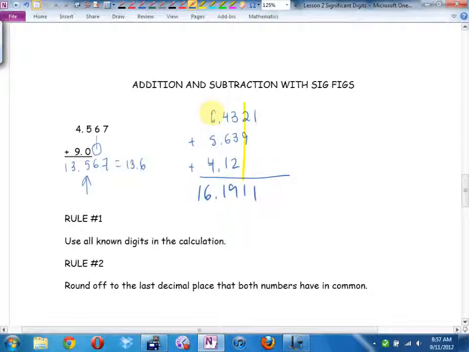I can be accurate to this column. I can be accurate to this column. I can be accurate to this column. I can't be accurate to this column. The 9, is it going to stay a 9 or is it going to round up to a 0? Stay a 9. 16.19. Final answer. 4 sig figs, which happens to be the number of sig figs of the middle term, but that's just a coincidence.